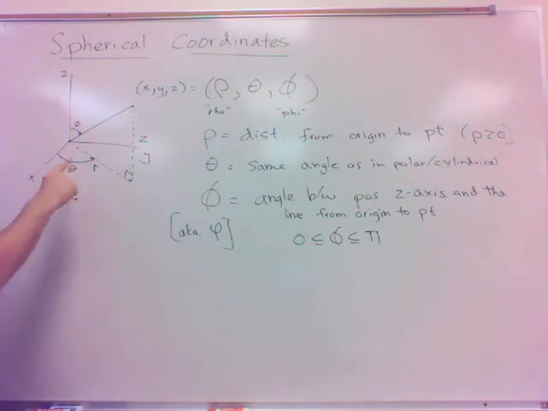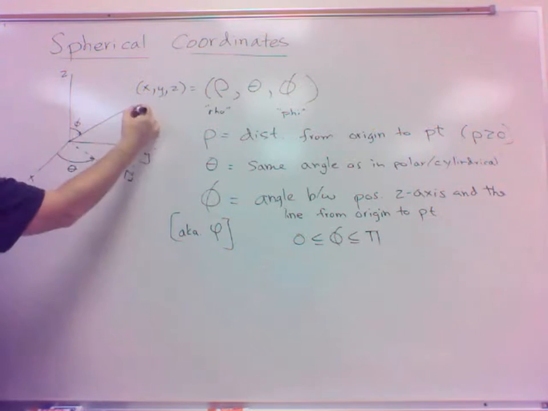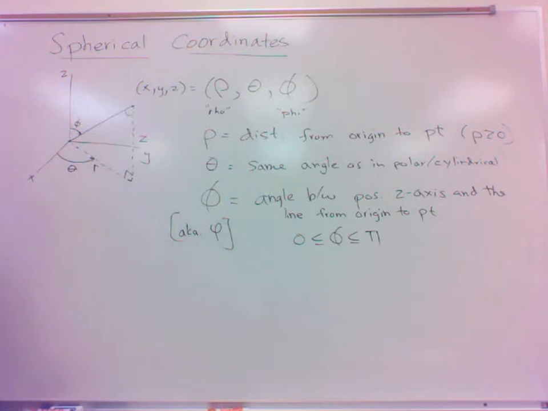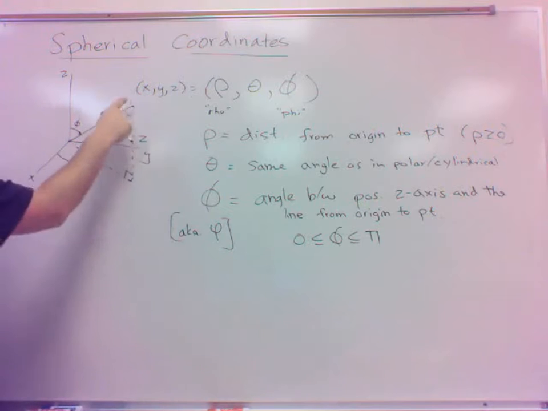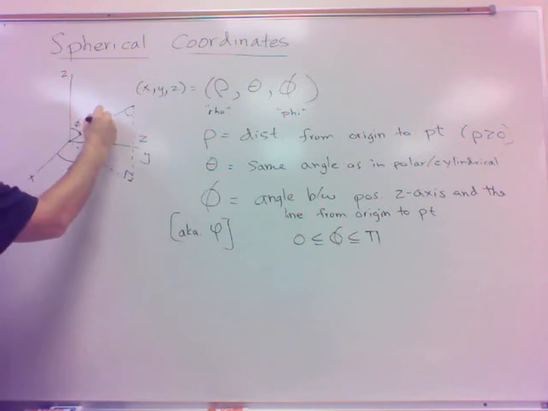Based on the angle phi, the same angle is in this right triangle we've got, r, z, and then rho.